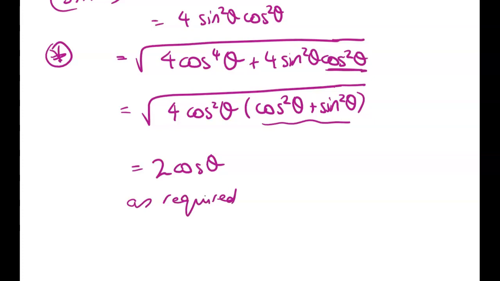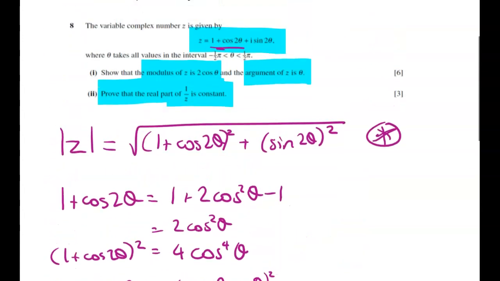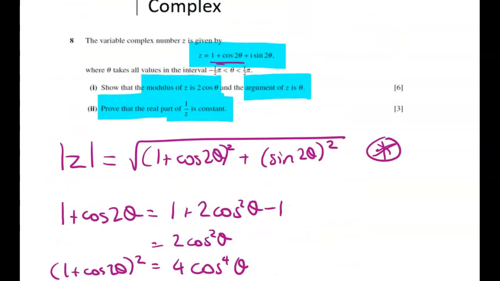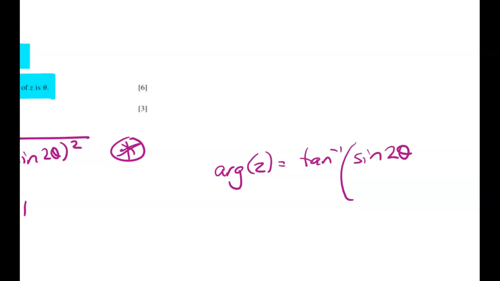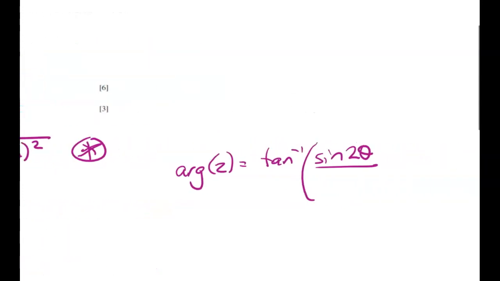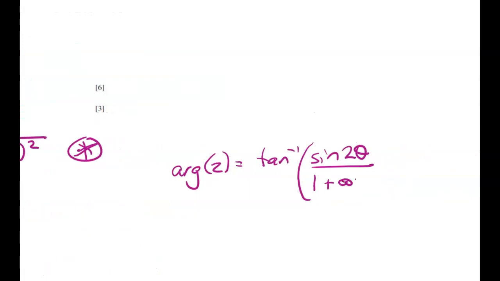Now, what about the argument? Well, the argument is going to be the angle whose tan is sine of 2 theta over 1 plus cos of 2 theta.